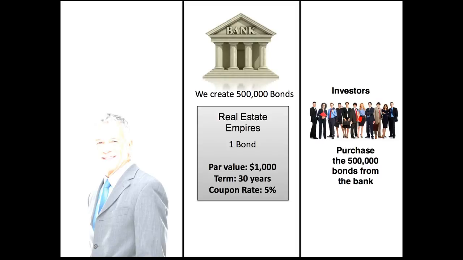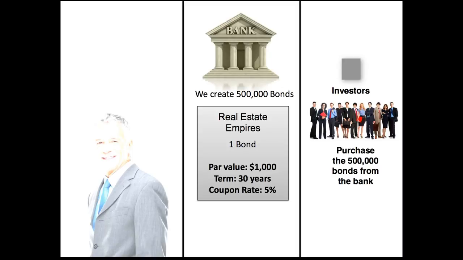And bonds are typically paid 2 times a year. So these investors, if one of these investors had one bond, they'd receive $25 after 6 months of owning it, and then the next 6 months they'd get another $25. And they'd keep getting those $25 payments for the total term of the bond, which would be 30 years.